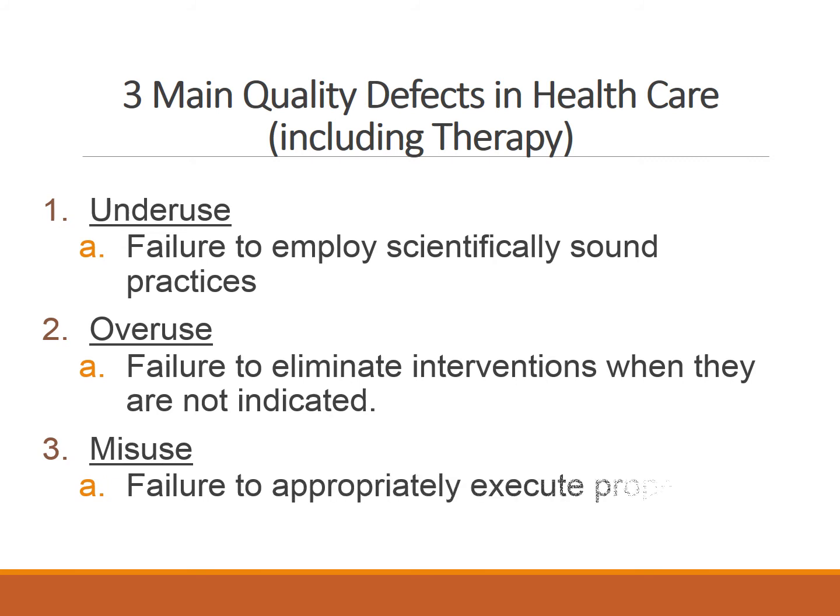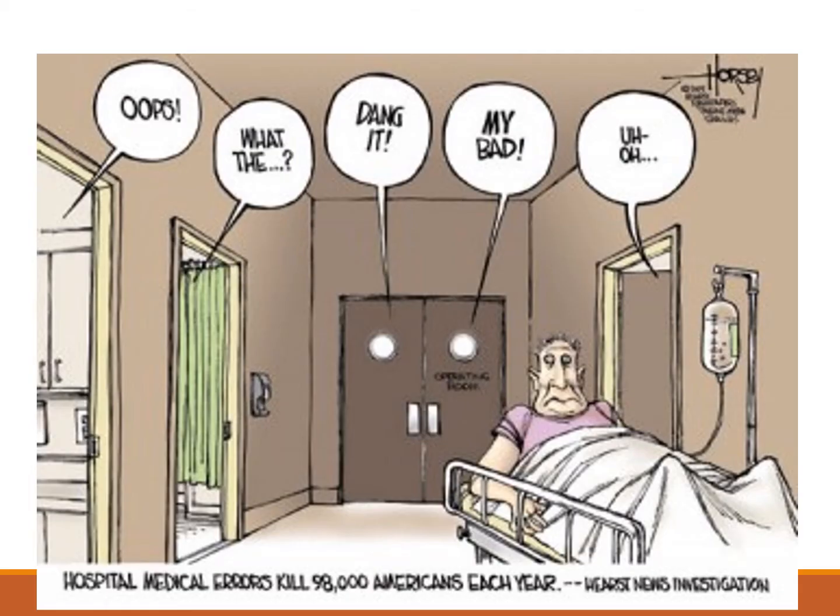And misuse, failure to appropriately execute proper clinical care processes. Now, I just put this in to kind of show, I've got a couple of these cartoons to show really this is a huge problem. Medical errors, poor consistency and quality and follow through, and all of these impact on truly patient outcomes and quality care.